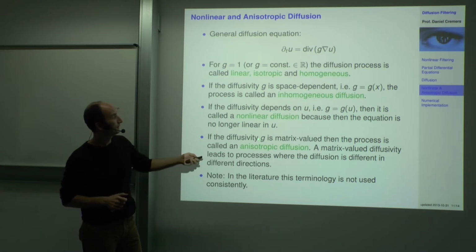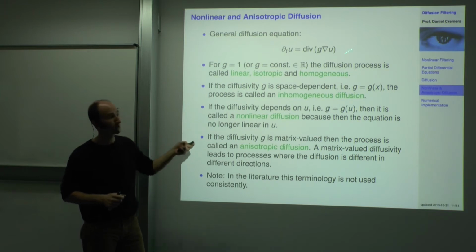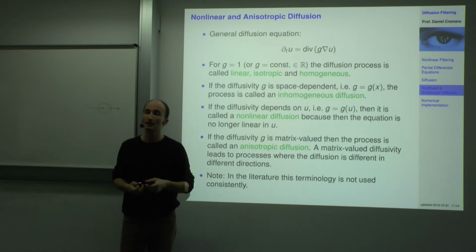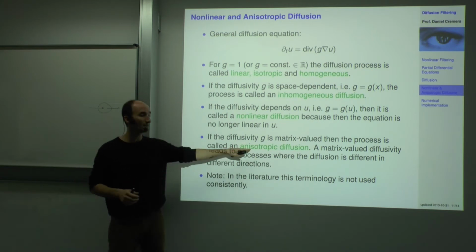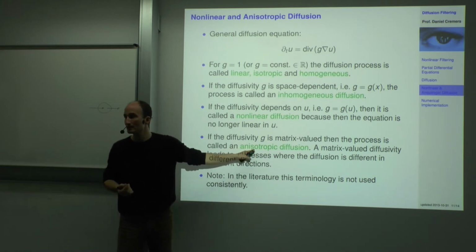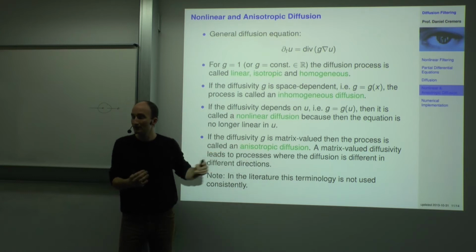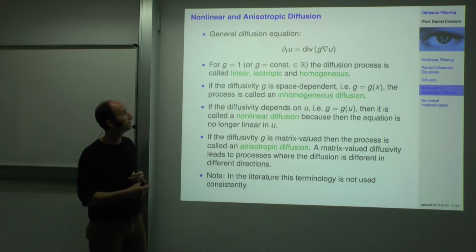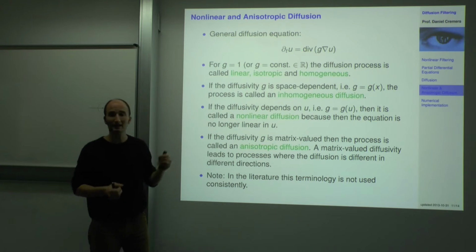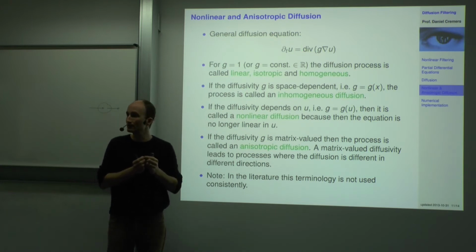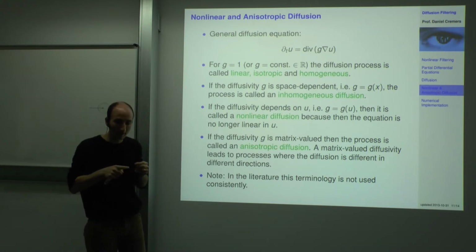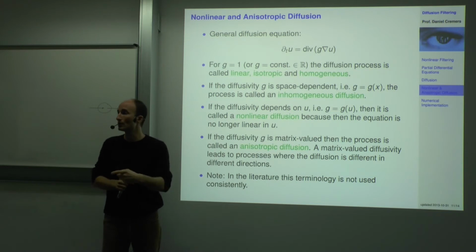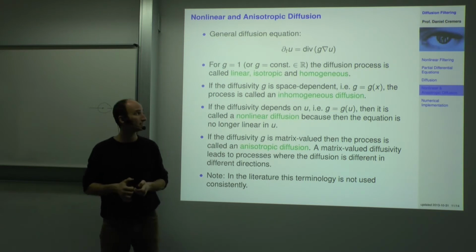In addition, if G is not a scalar but a matrix, then we talk about anisotropic diffusion. Of course, if it's a unit matrix, then it's still isotropic, but if the matrix is no longer a unit matrix, the consequence would be that it has a different diffusivity in different directions of space. Or in other words, the diffusion process can be fast along one axis and slow along some other spatial axis.